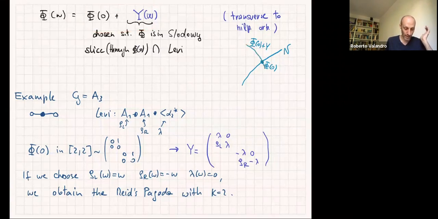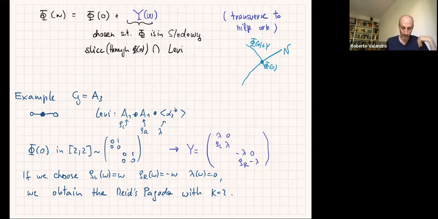For A3 it is very simple in the case we have seen before. This is the coloring that you want to realize, and then in the Levi subalgebra you read this one. The phi 0 must be in this orbit, so it will have this form here, and then you compute the Slodowy slice, and you see that its intersection with the Levi should have this form.